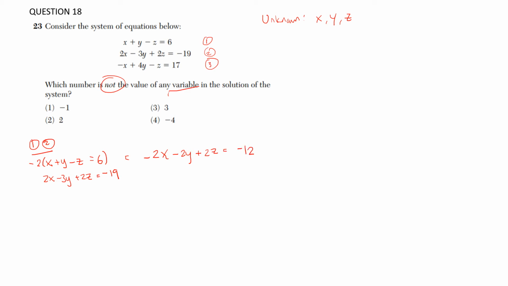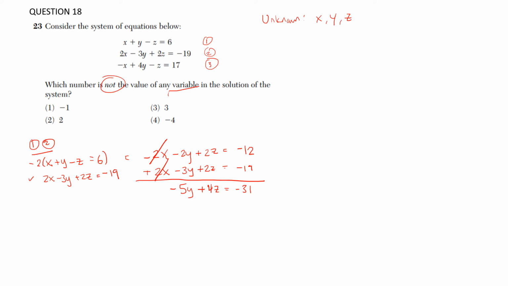If I now combine it with equation 2, which is plus 2x minus 3y plus 2z equals negative 19, I'll eliminate the x's. I will have negative 5y plus 4z equals negative 31. You might think that got us nowhere, since we still haven't solved for any variable, but it's quite useful because we've already eliminated one of the variables.